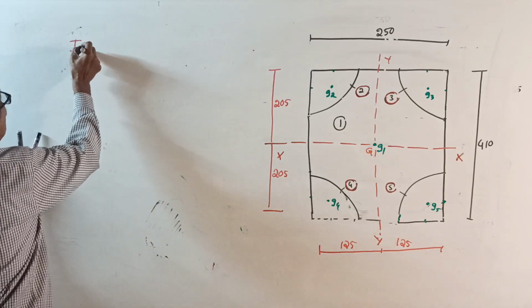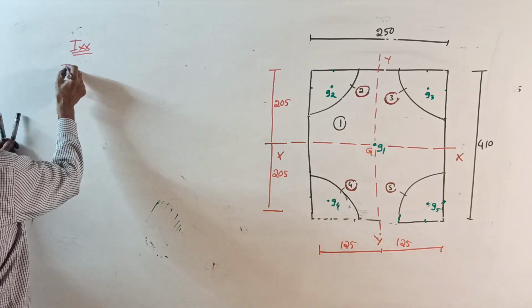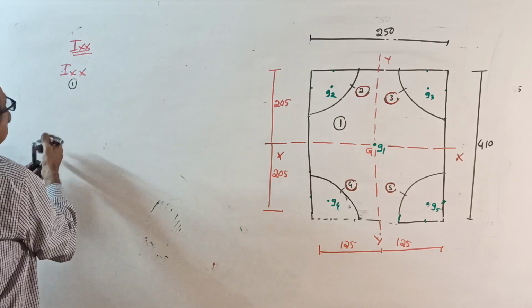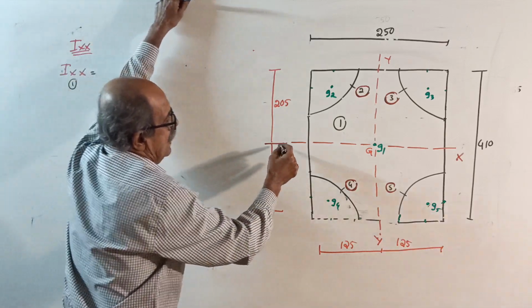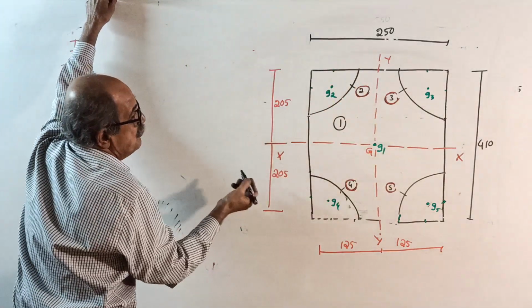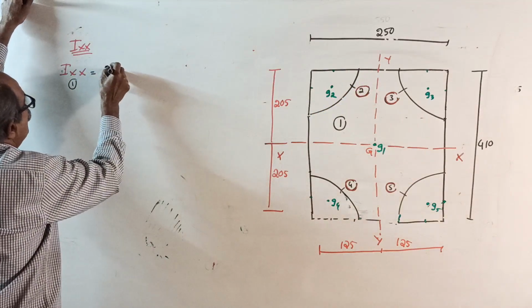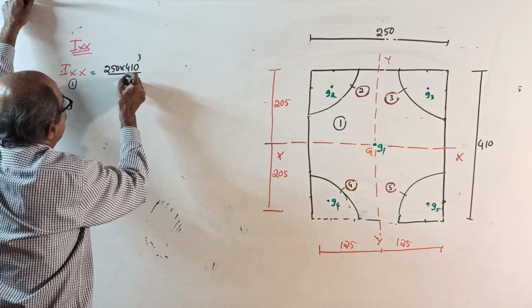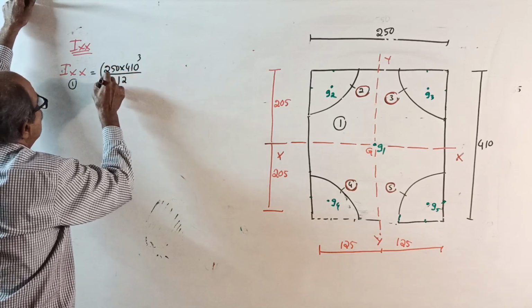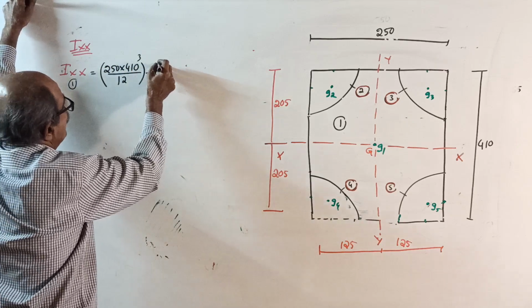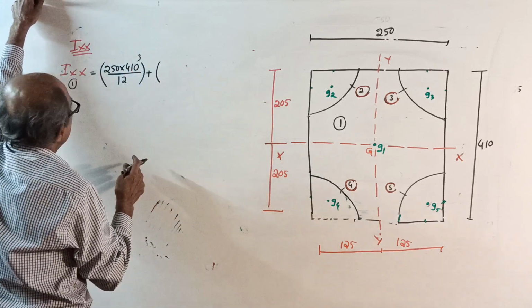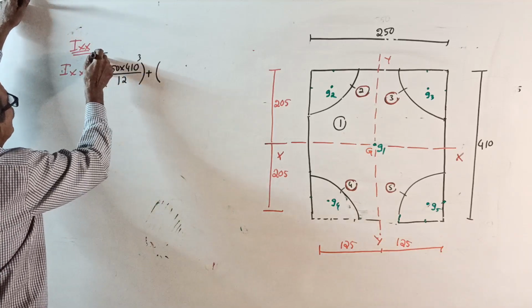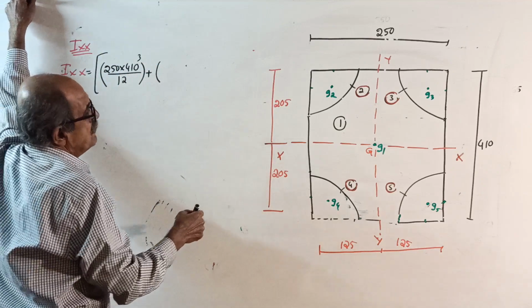Start with I about XX. For part 1, I about XX equals the rectangle about its own axis, 250 into 410 cube divided by 12, which is Ig, plus area. Actually, you can do one thing: to save time, directly write Ixx for part 1 plus area.